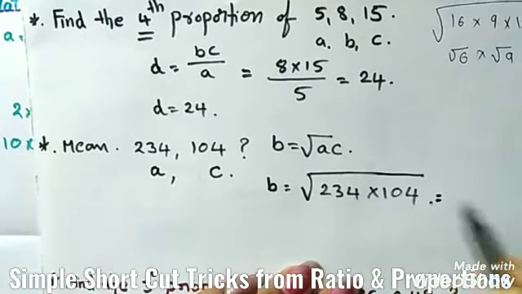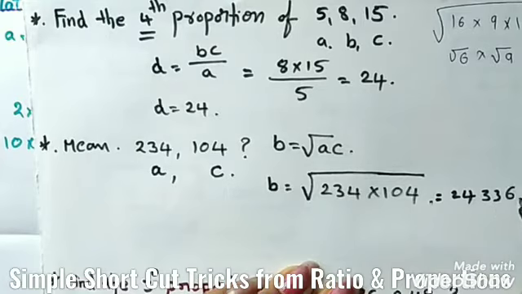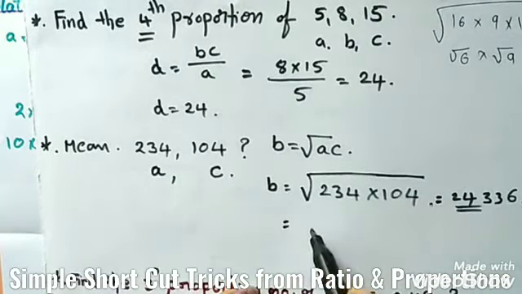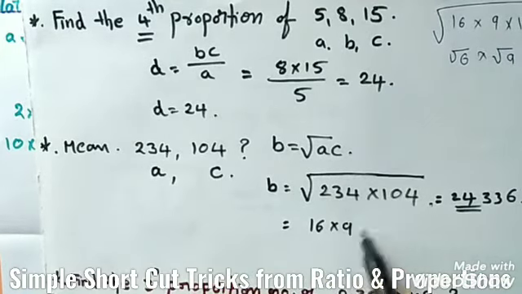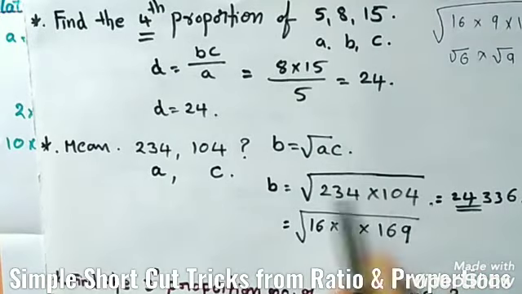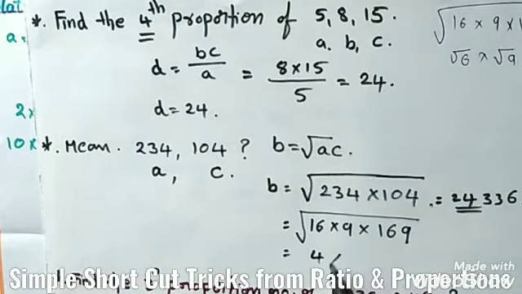If you multiply these two numbers, you should get 24,336. And you can also write this number as 16 into 9 into 169. So root 16 is equal to 4, root 9 is equal to 3, root 169 is equal to 13.